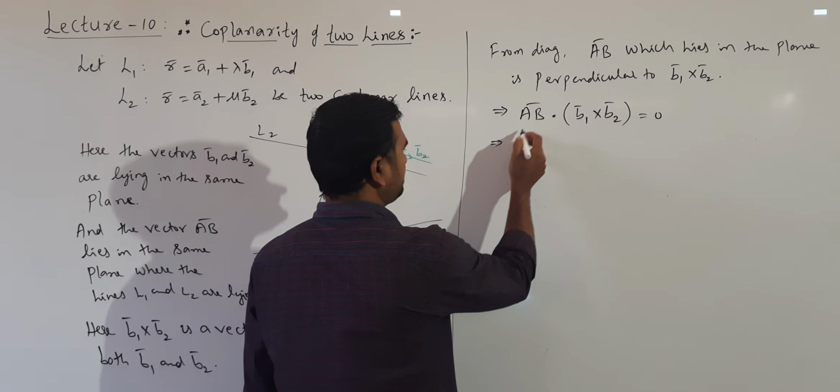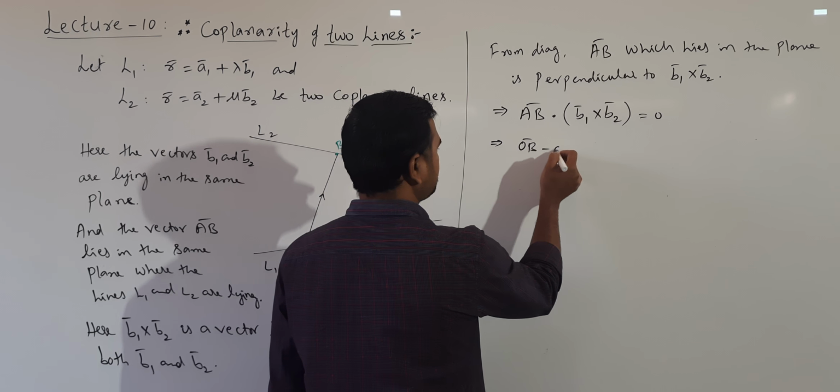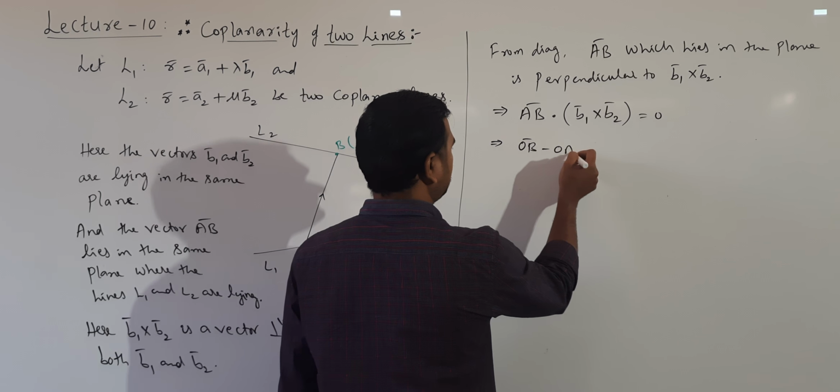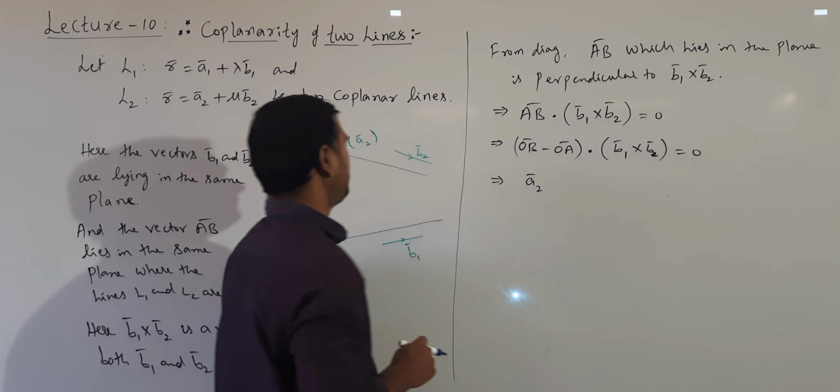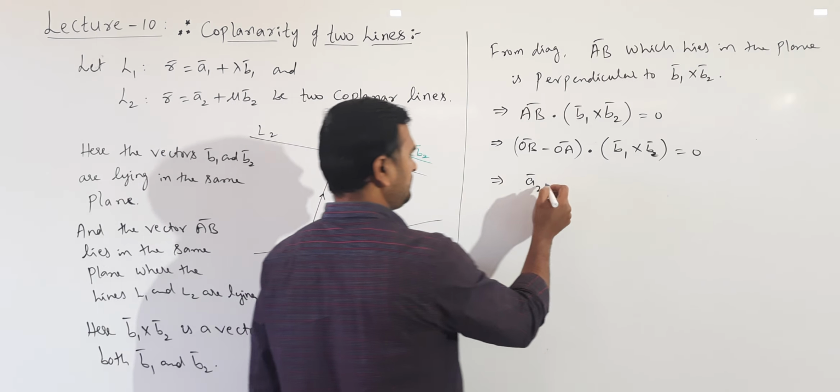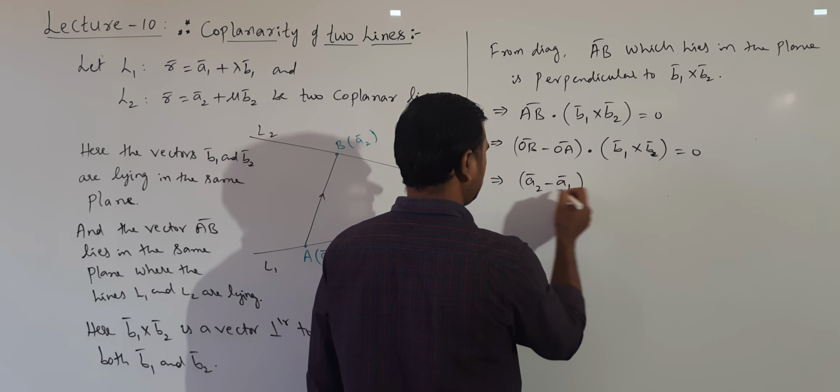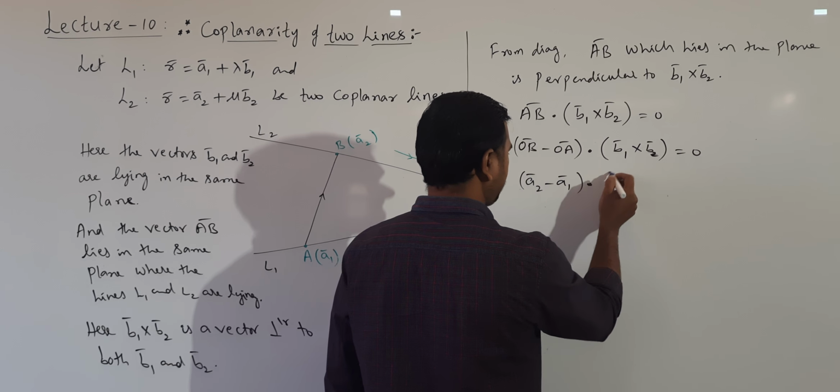What is AB bar? We can write OB bar minus OA bar dot B1 cross B2 is equal to 0. OB bar is the position vector of the second point, A2 bar minus A1 bar dot B1 bar cross B2 bar is equal to 0.